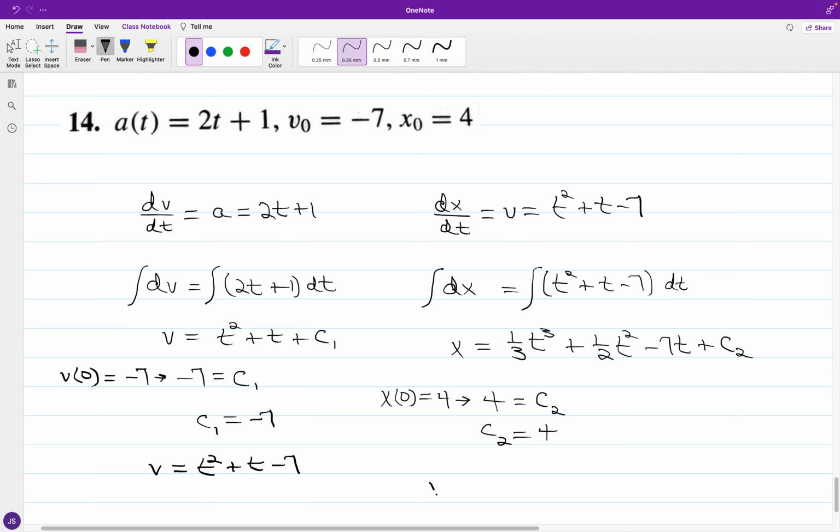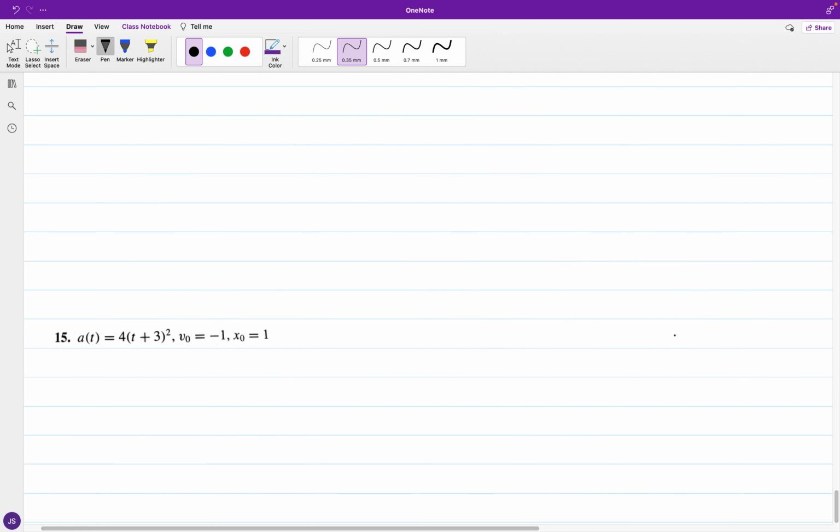And so for the full solution of the position function, we're going to come out to x of t is equal to 1/3 of t cubed plus 1/2 of t squared minus 7t plus 4. And that is the result.